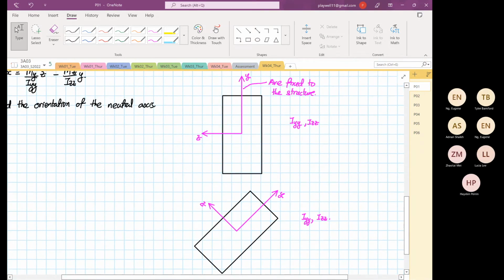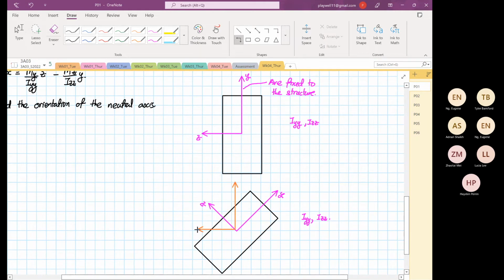Both Iyy and Izz at the top and the bottom example have the same value. Okay. And that is important because it simplifies how we find our second moment of area. Okay. So if you were to find Iyy and Izz based on this orientation, it'll be more difficult.